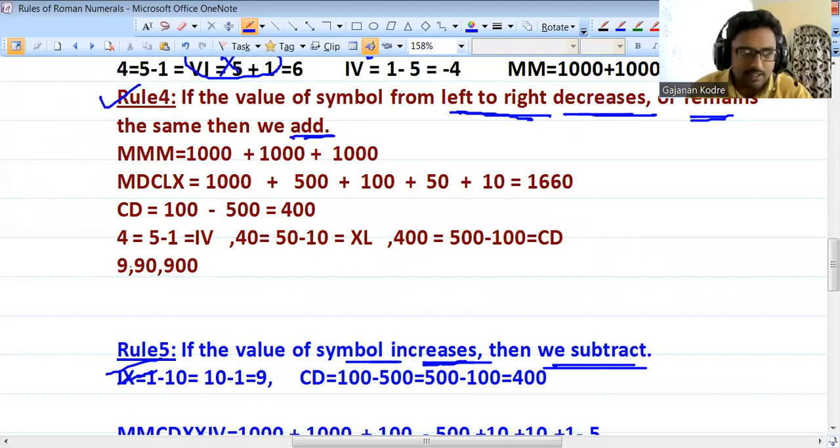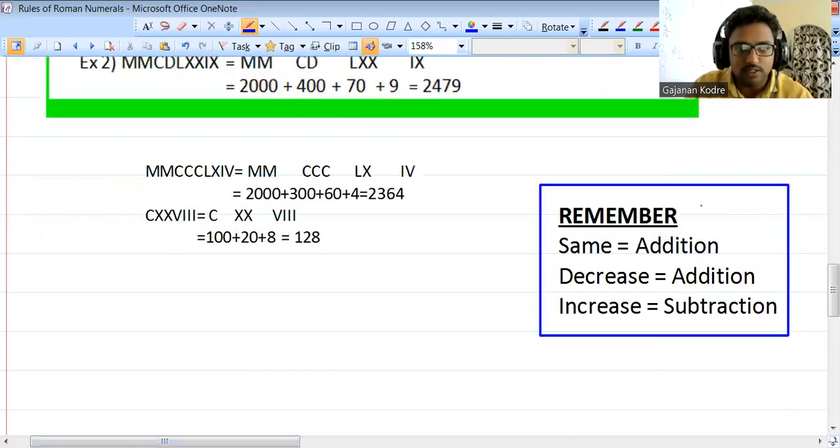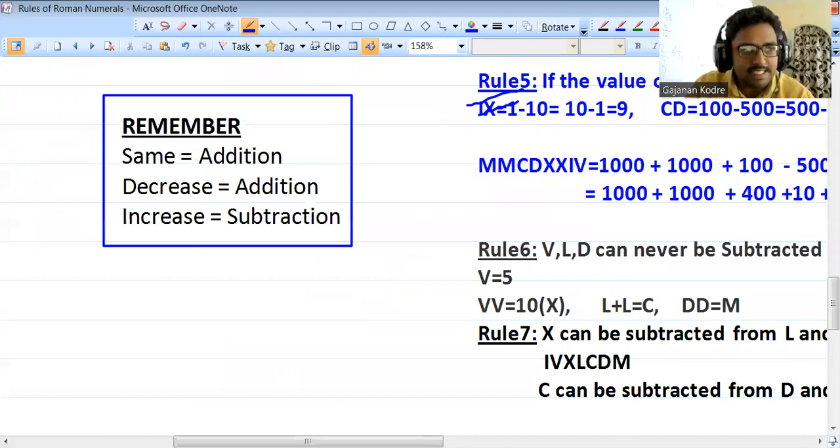देखो, अब मैं क्या करता हूँ, इन दोनों रूल्स को मर्ज कर देते हैं, मतलब दोनों रूल्स को इकट्ठा साथ में पढ़ते हैं. Okay, तब जाके हमें बहुत अच्छे से समझ में आएगा. Okay, so here I have made a shortcut trick. देखो, अगर वैल्यू ऑफ द सिंबल सेम आ रहा है, तो एडिशन करना है.